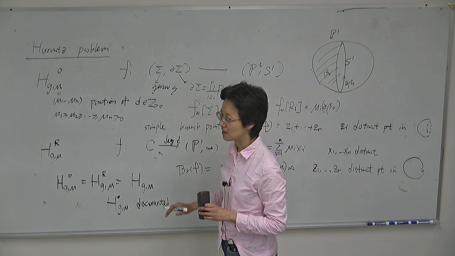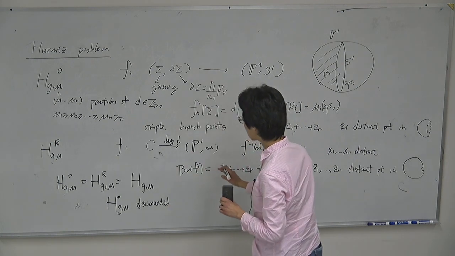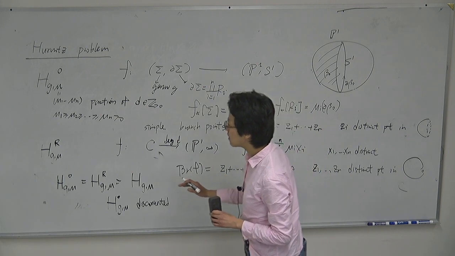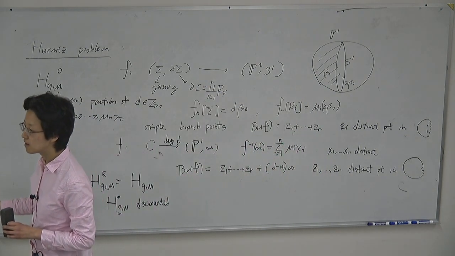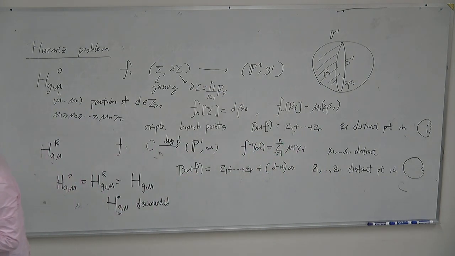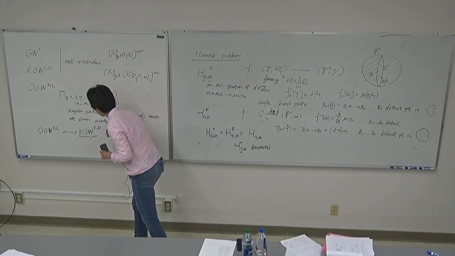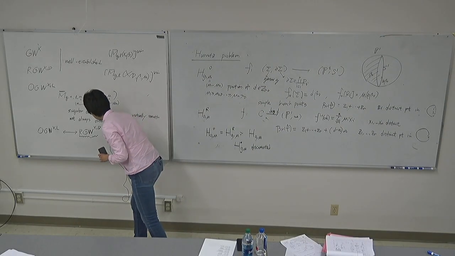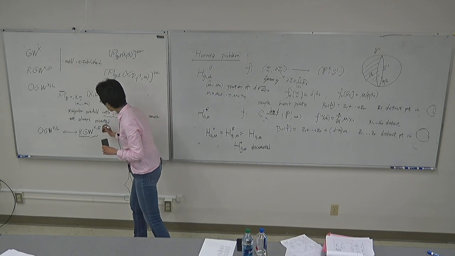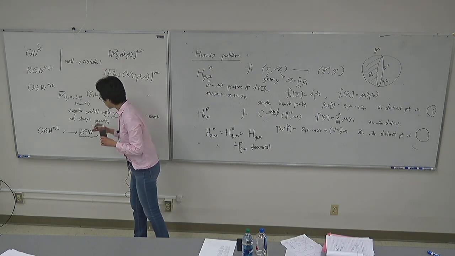Is this okay? So this is a simple Hurwitz number. In general, for relative things, you can assume that you have not just one divisor but many divisors. Yes, I will have many divisors. But today my divisor can be disconnected but smooth, with no more crossing.